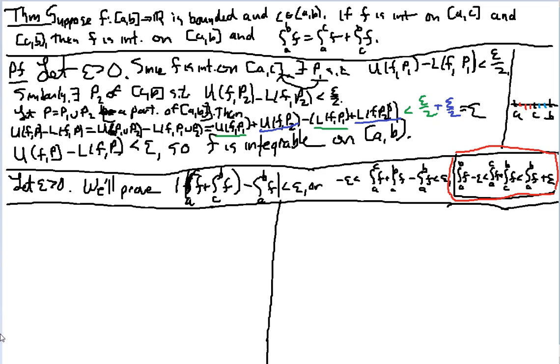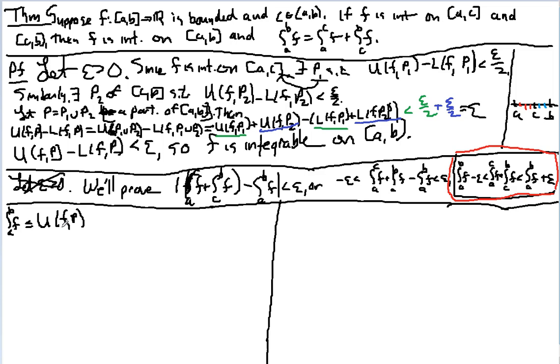Well, what do I know? I'm going to start with the integral from a to b of f, and I know that for this partition p, we can use the same epsilon, right? For this particular p equal p1, p2, where p1 and p2 come from this epsilon over 2 business, this is less than or equal to U of f of p.